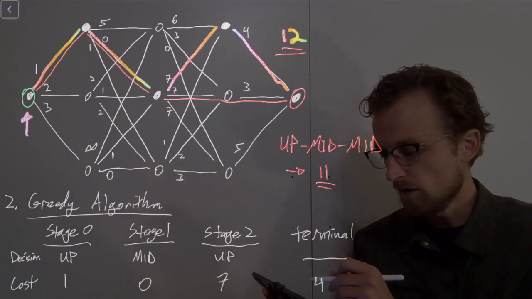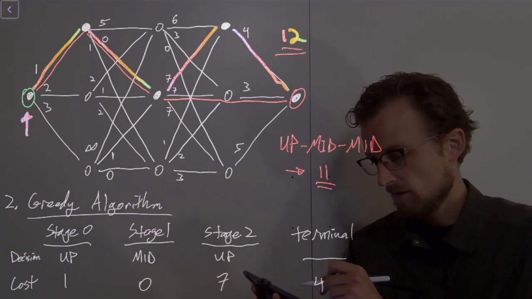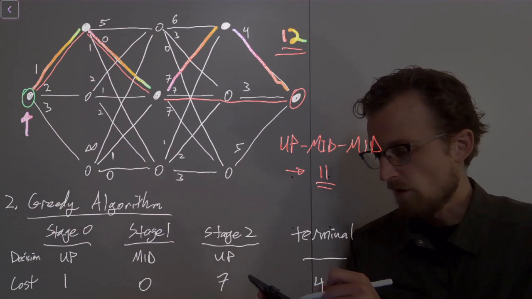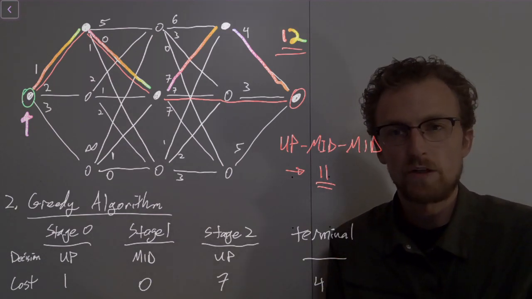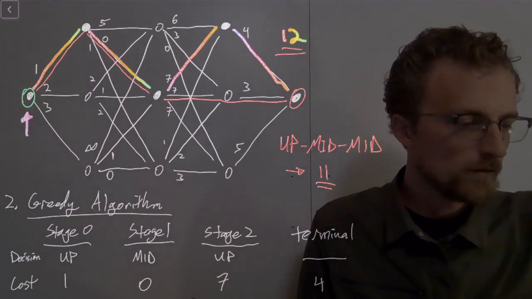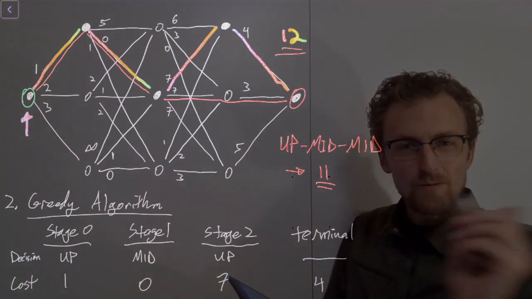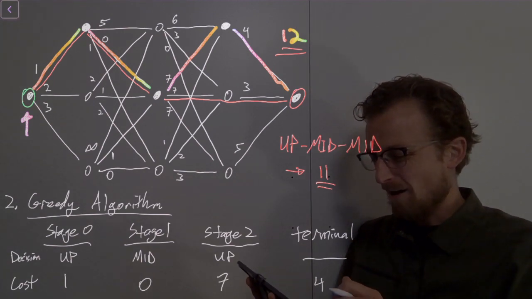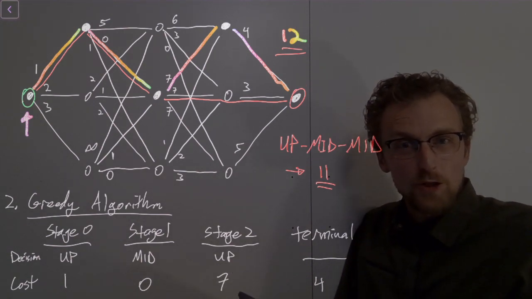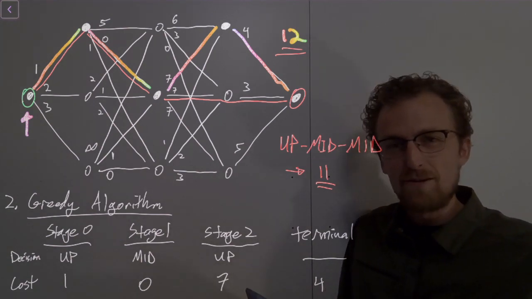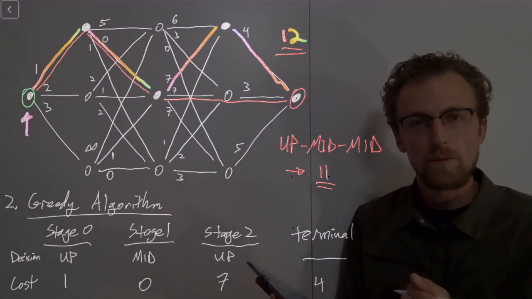It's 12 as well. Let's see. So that would be 11 as well if we'd gone up. This is up, middle. Find my optimal path. We'll get the optimal path in just a second here. So this is part of the challenge of this problem, right? It's not obvious just looking at this what the optimal path is.